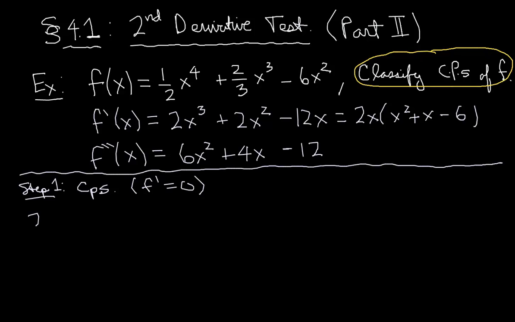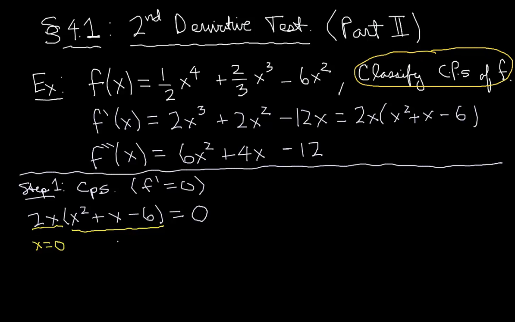So we know that 2x times x squared plus x minus 6 equals 0. Well, if that's equal to 0, then that means either 2x equals 0, in which case x equals 0, or x squared plus x minus 6 equals 0, in which case what are the possible values for x?